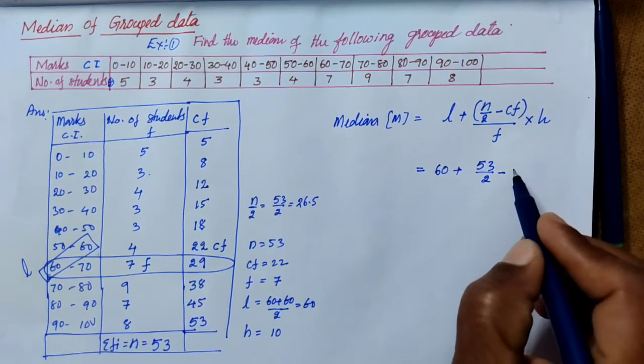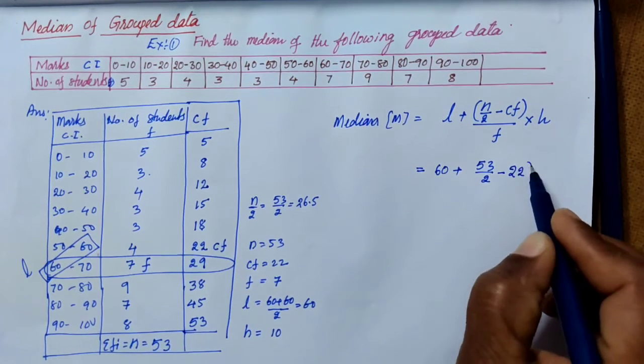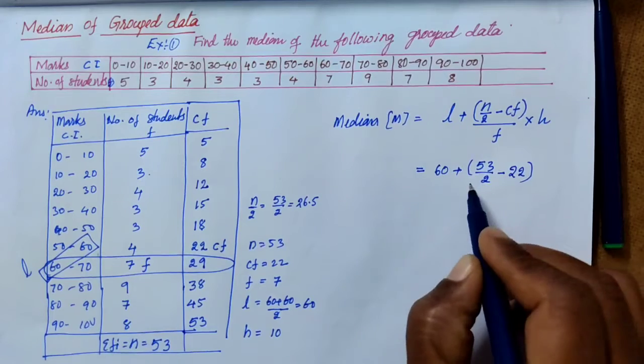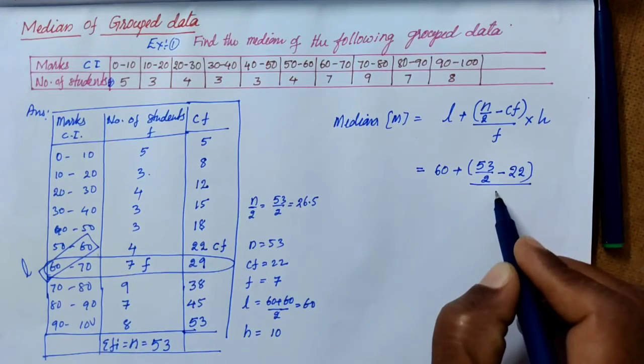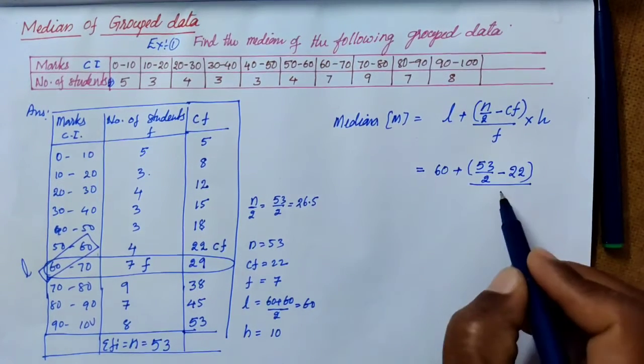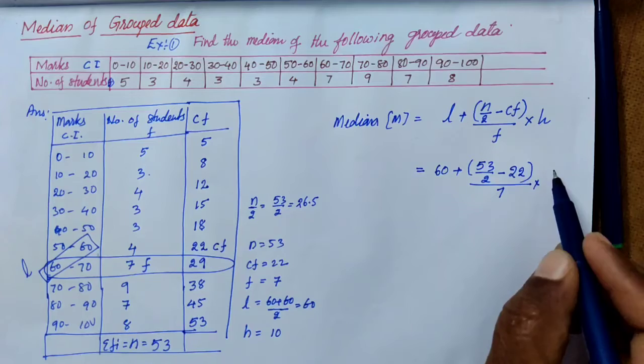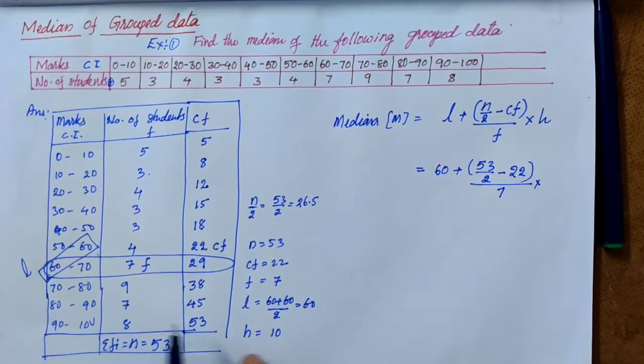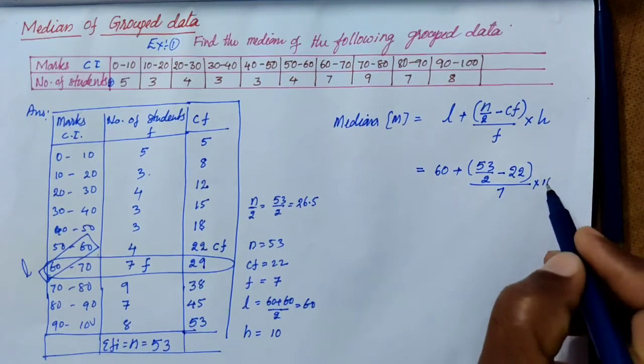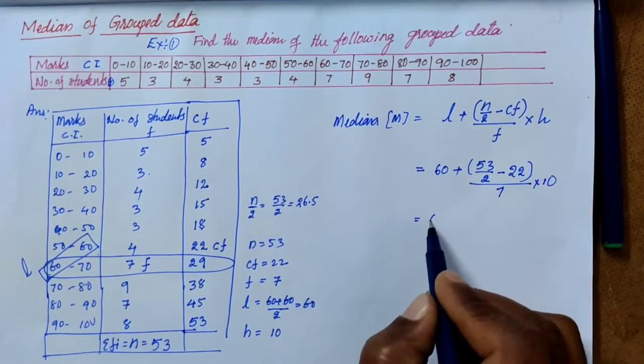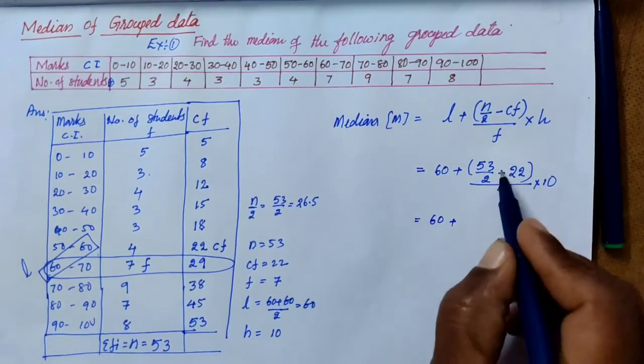Okay, CF is 22, by F is 7, into H, the length of the class. The difference between 60 and 70 is 10.